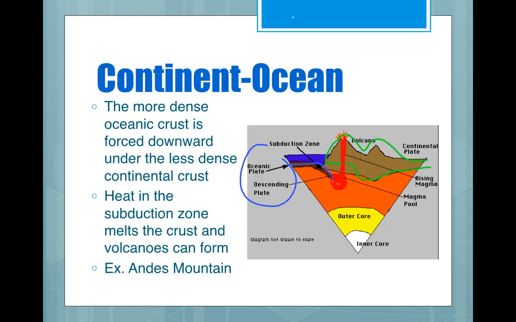So if you see volcanic mountain ranges near a coastline, you can reasonably assume that there is a continental-oceanic plate boundary going on there, where the ocean plate and the continental plate are colliding together.